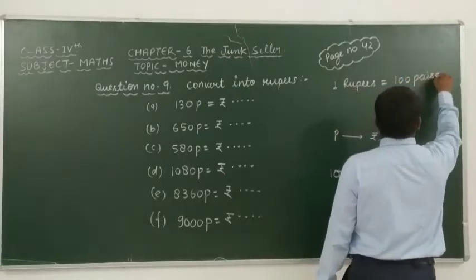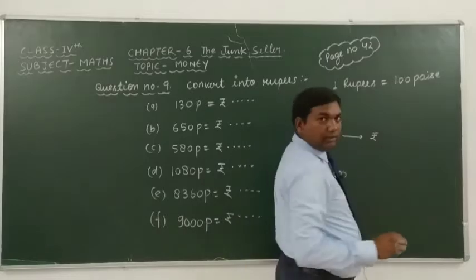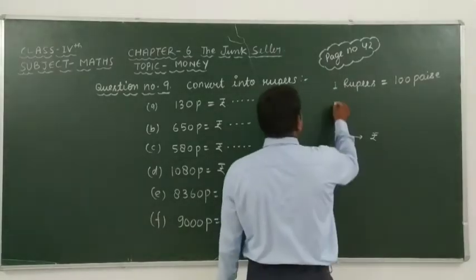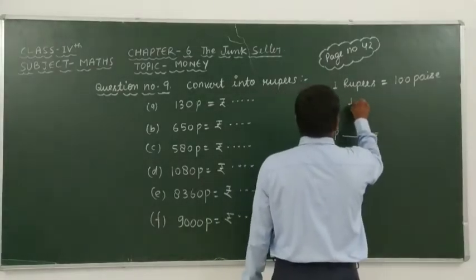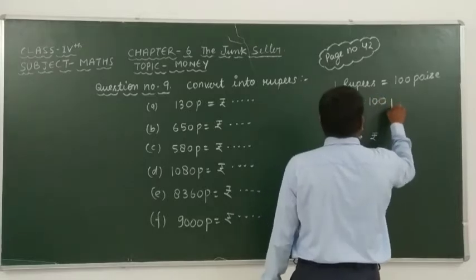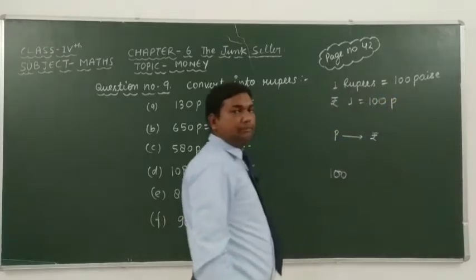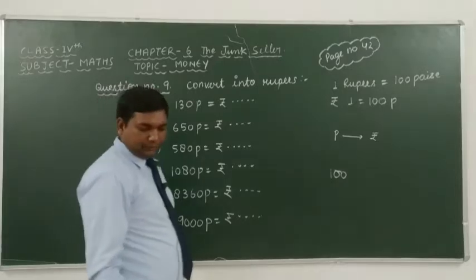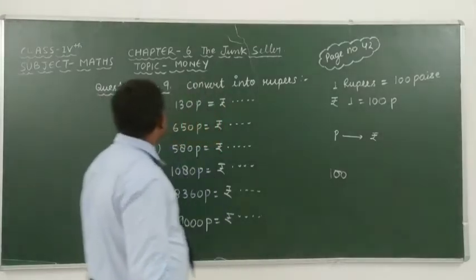In short form we can write rupees 1 is equal to 100 P. P means paise.